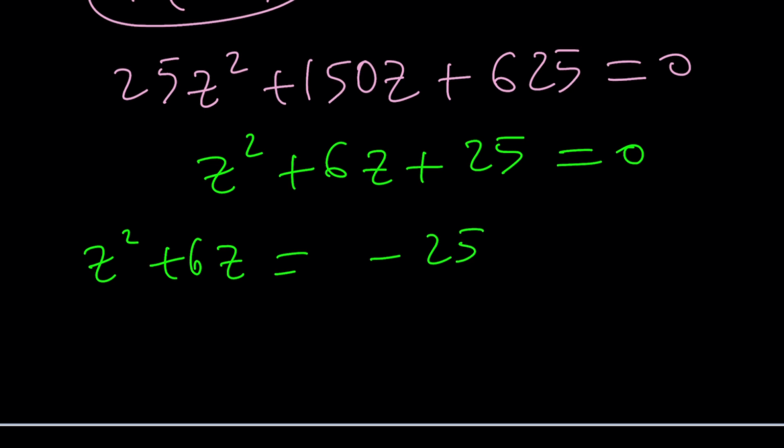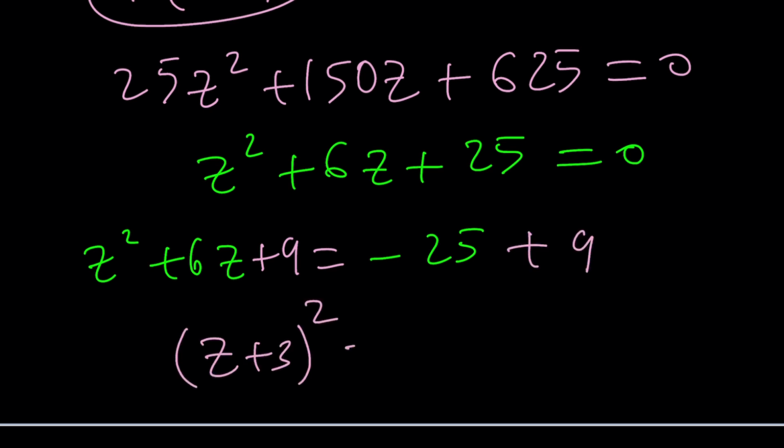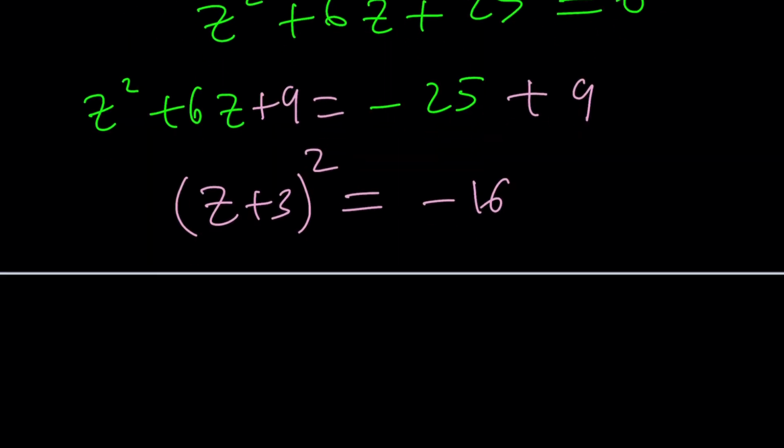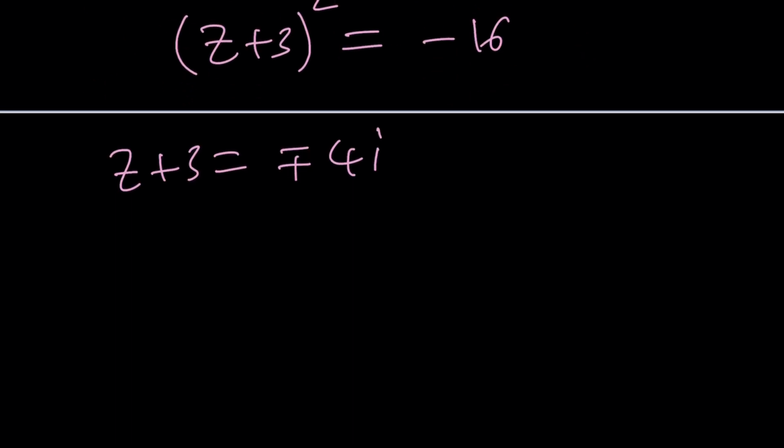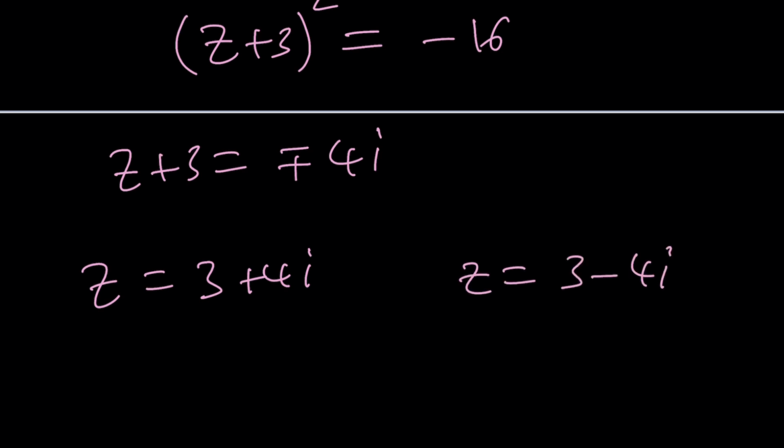I want to go ahead and add 9 to both sides and just think about why you would add 9 to both sides, because we'll answer that question right now, because that gives you the following. Now from here we get two things. Z plus 3 is, wait a minute, are we supposed to square root a negative number? Yes, of course. It is going to be 4i with a plus minus sign. So I can kind of write the z values as z equals negative 3 plus 4i, or z equals negative 3 minus 4i, right?